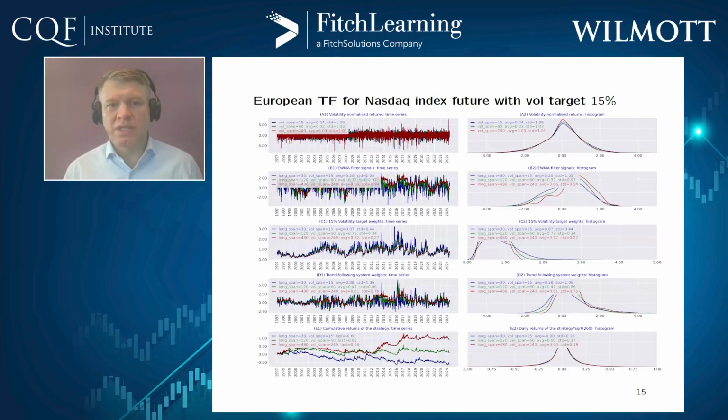Then volatility weights. Of course, it depends. When things are volatile, we decrease the position. If less volatile, we increase the position. These are our weights, in panel D. And we also see that the distribution of weights has unit standard deviation. In the paper, we provide all this.